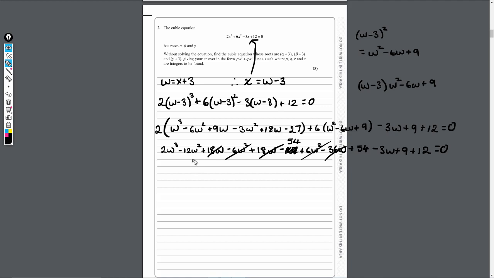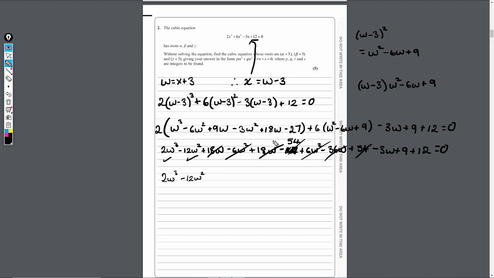They should do. So I get 2w cubed. I've got minus 12w squared, so that's good. There's no other w squares. So that's done. Let's just put a tick, that's done. I've got minus 54 and plus 54, so that cancels. So that's fine.